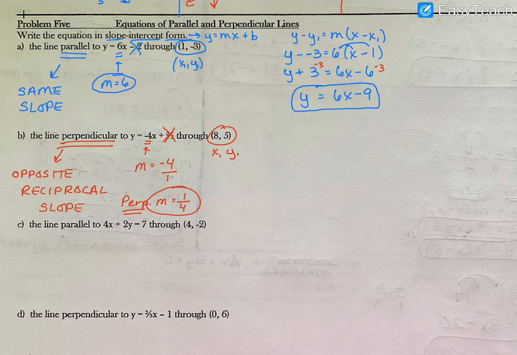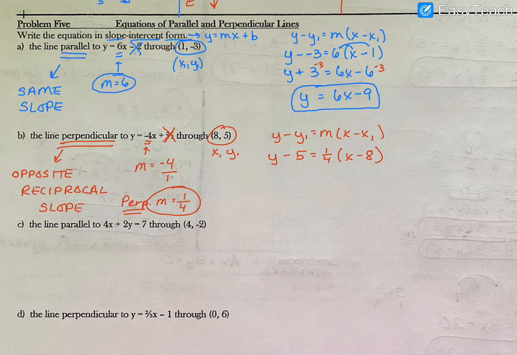Again, I'm going to encourage you to start with point slope. Y minus y1 equals m times x minus x1. So y minus y coordinate of 5 equals m, which is 1/4, times x minus the x coordinate of 8.